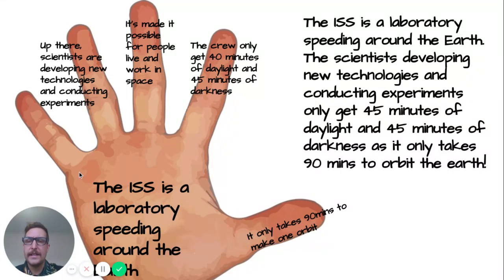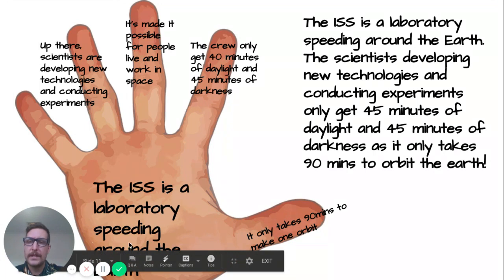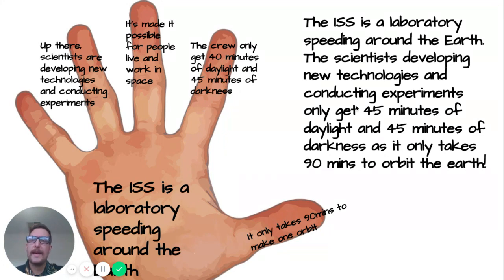So there you can see I've started off with my main idea because that's what the author really wants me to know. And then I have put in my supporting details. And I haven't just put them in sentence by sentence. I've actually thought about how I could join them together and how they flowed better as a summary statement. So there's my summary.